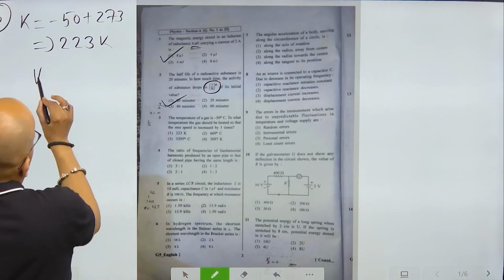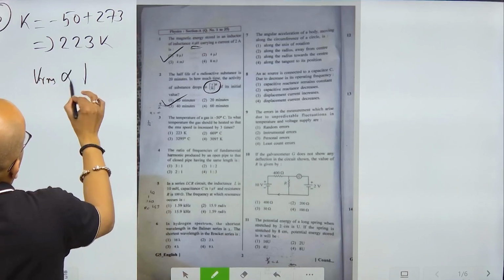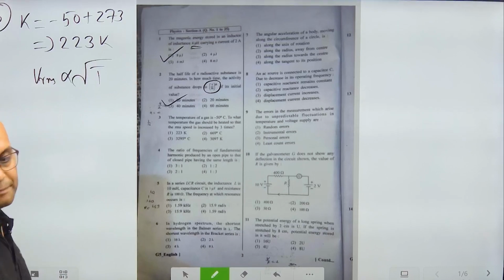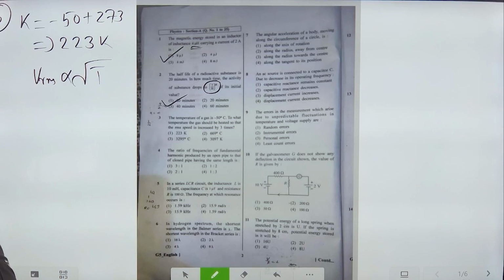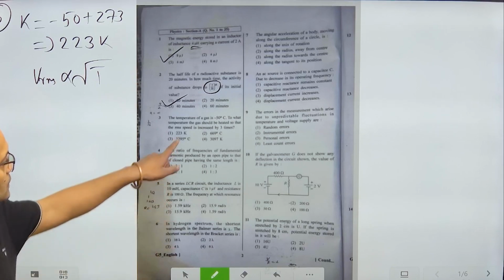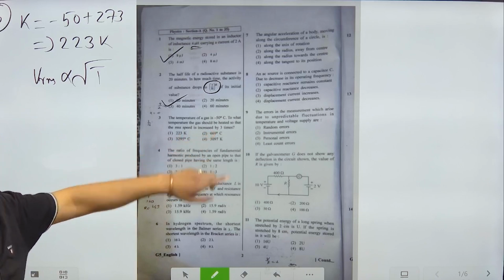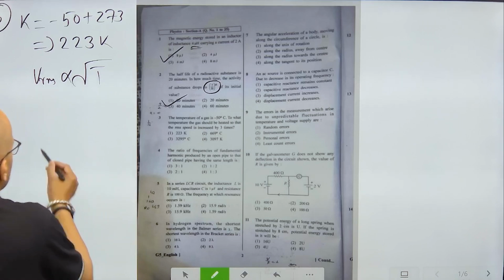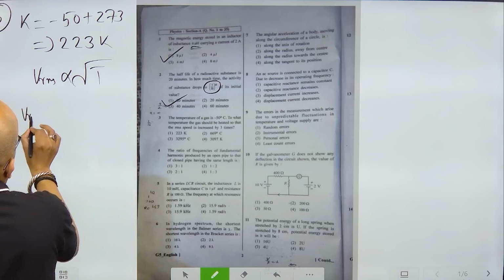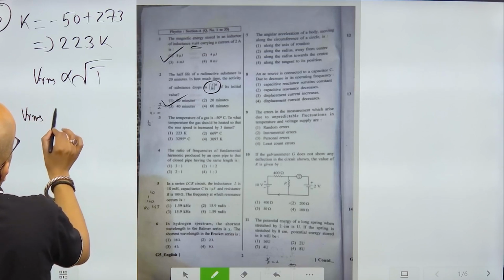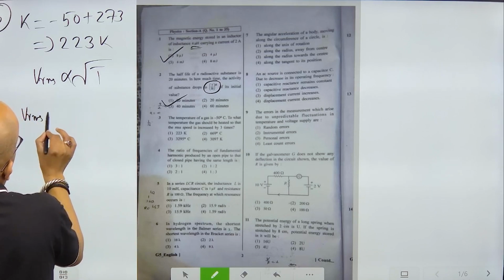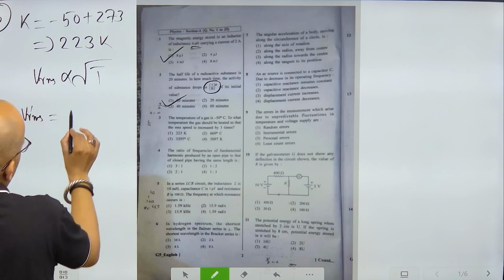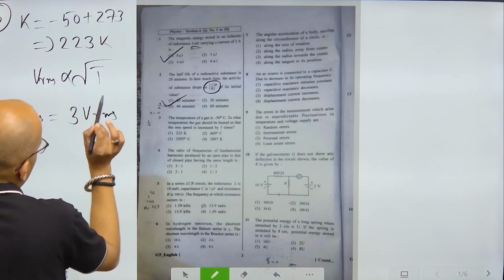We all know that Vrms is directly proportional to under the root of temperature, yes or no? And it is saying that RMS speed increases 3 times. So that means V dash RMS is equal to 3 times Vrms.